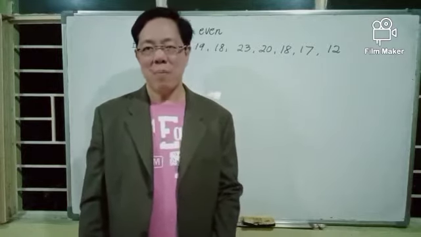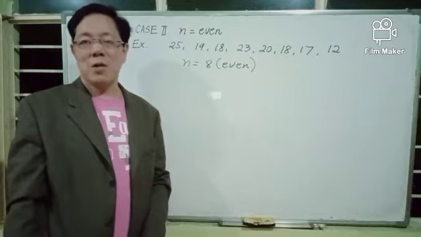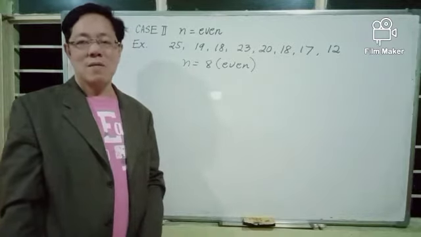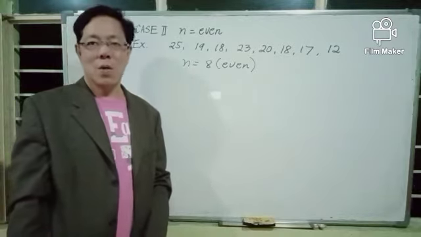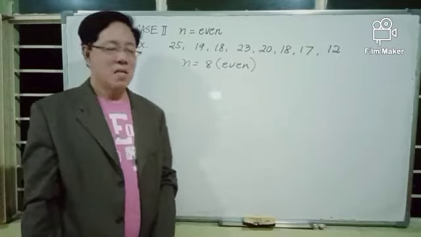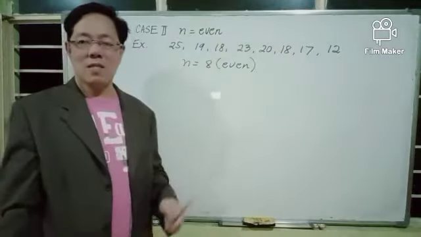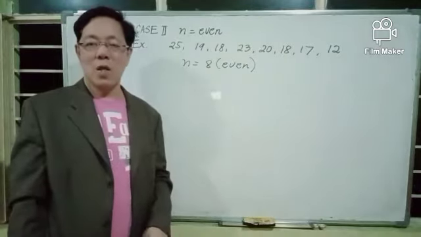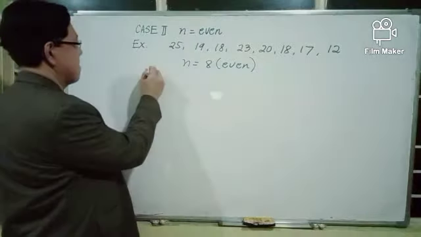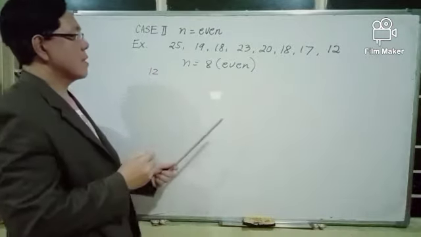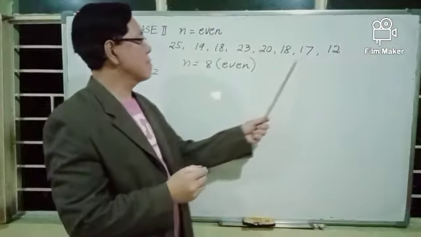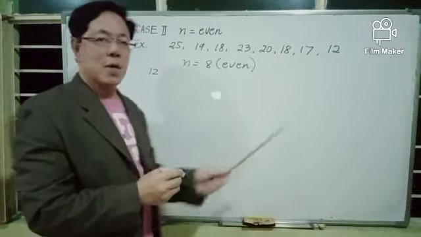As in case 1, where the number of values is odd, the first step to find the median is to arrange the data in ascending or descending order. And I will arrange these numbers in ascending order, that is from the lowest number to the highest number. The lowest is 12, and then 17, 18, there are 2 18s.